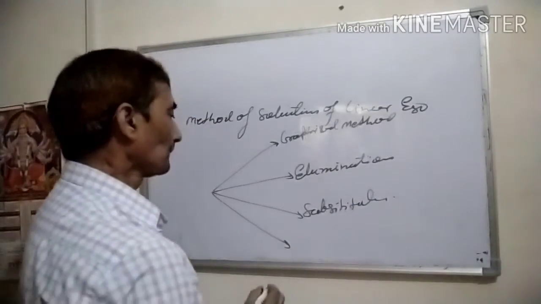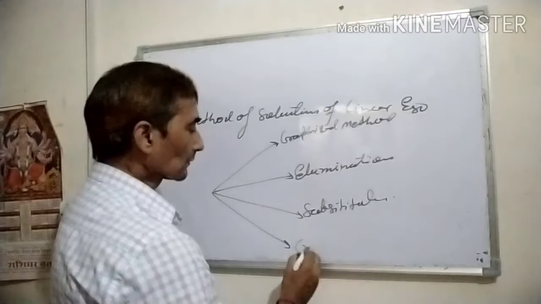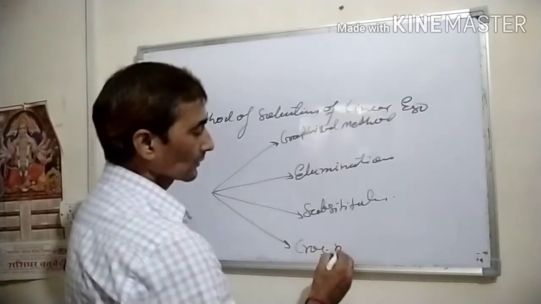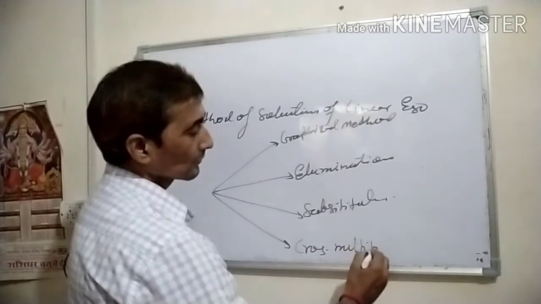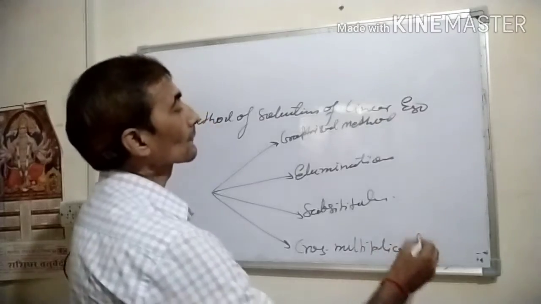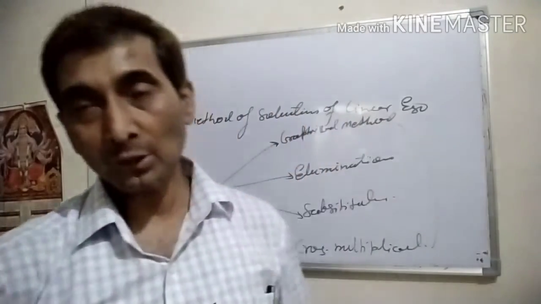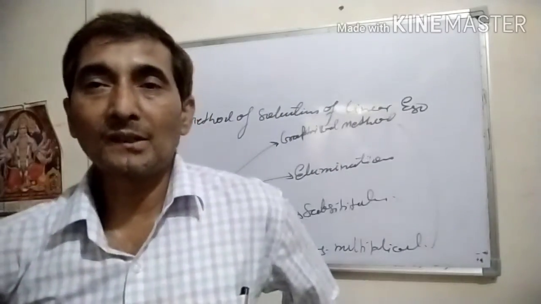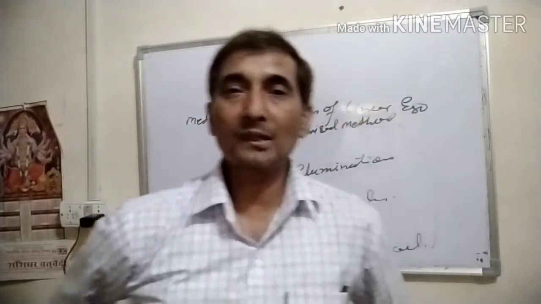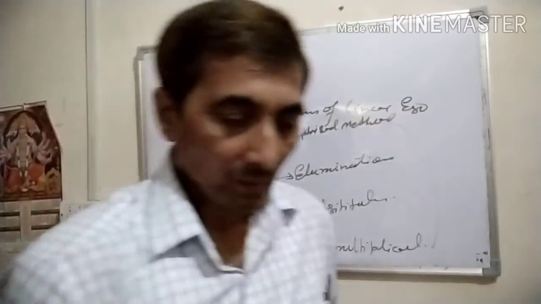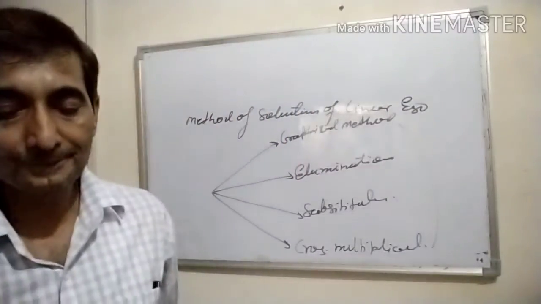And fourth is the cross multiplication method. These are four methods to solve any linear equation. Now first we will study the graphical method. How can we solve linear equations by this method?